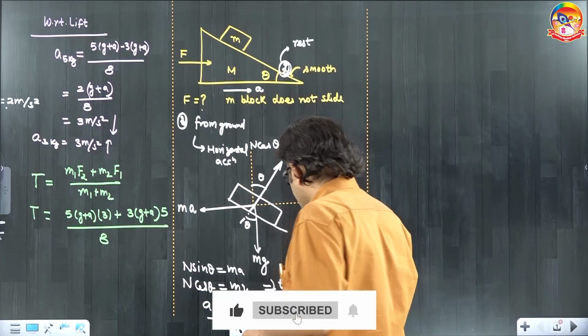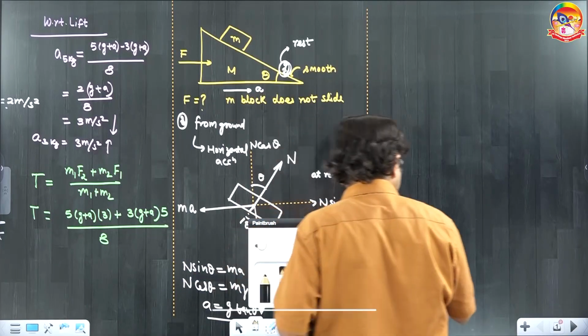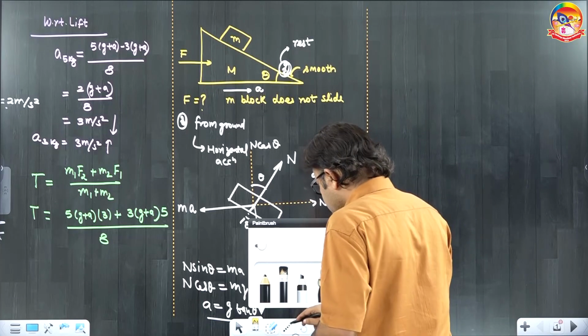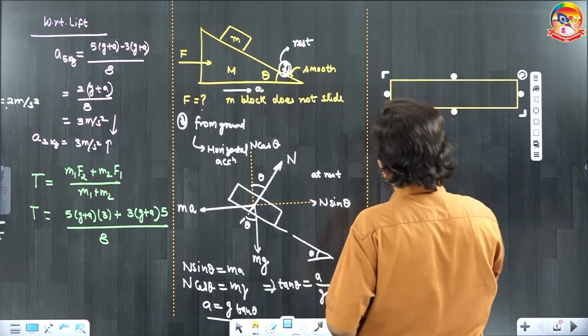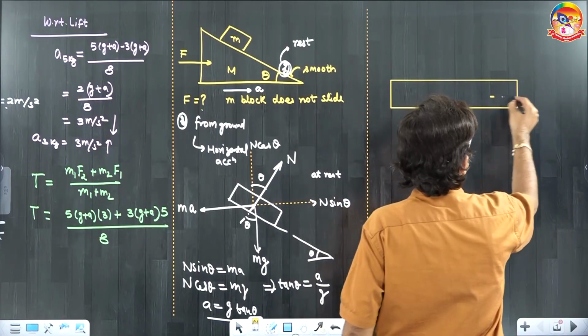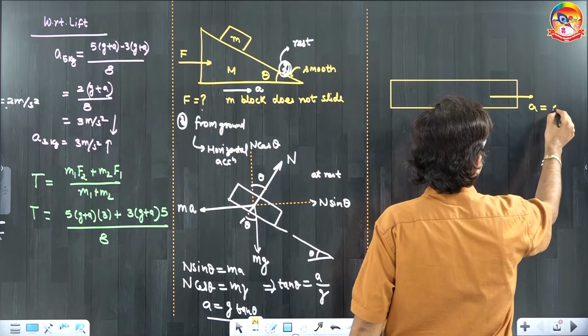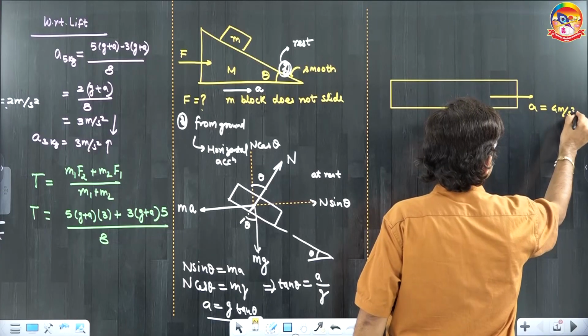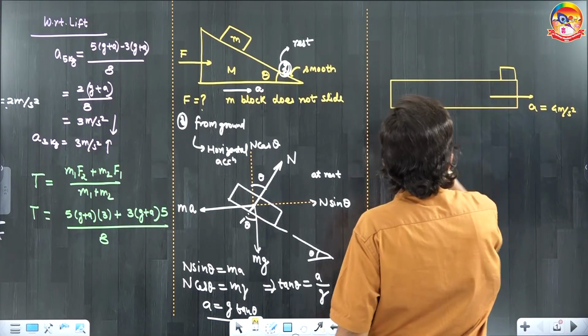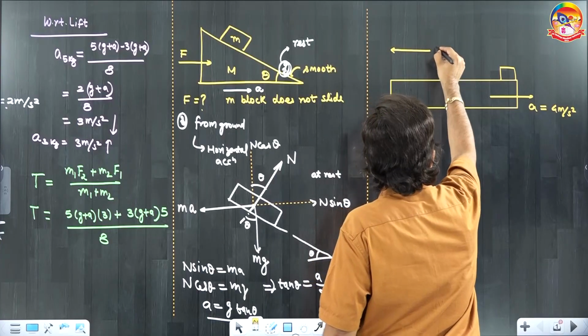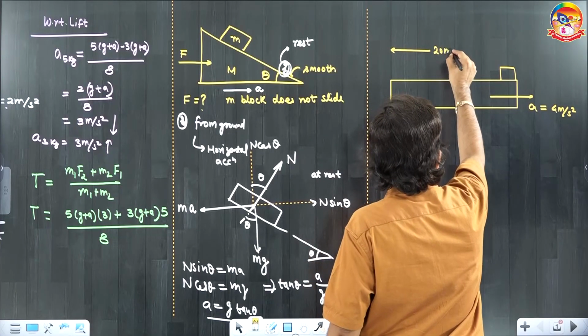Suppose I give you a condition: a truck is accelerating with an acceleration of 4 meter per second square. A block is placed at this end and the length of the truck is 20 meter.